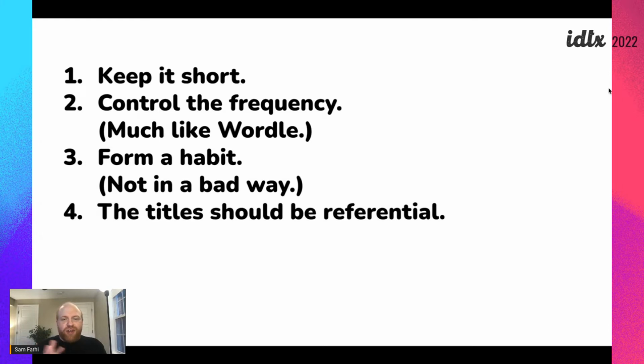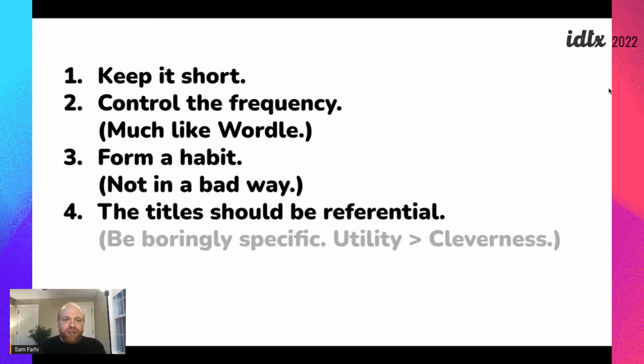Okay, this one is a very practical tip. What I found is that when you have clever titles, or you found that pun of what you're going to be learning, it's not that helpful. Titles should be referential.